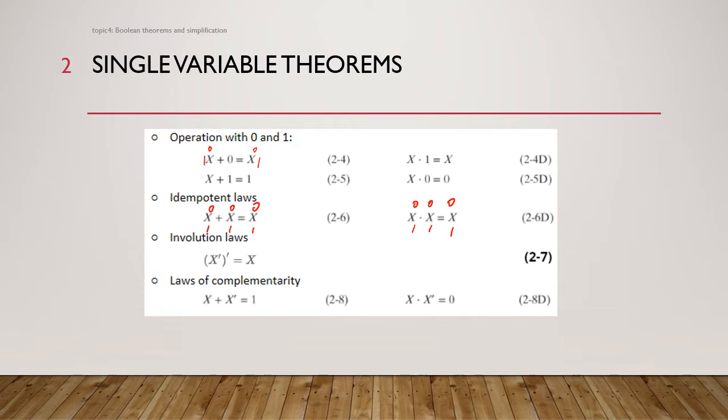And then the involution law. The involution law basically says if you take the opposite of the variable twice, you get itself. So NOT the NOT, you get the original variable.